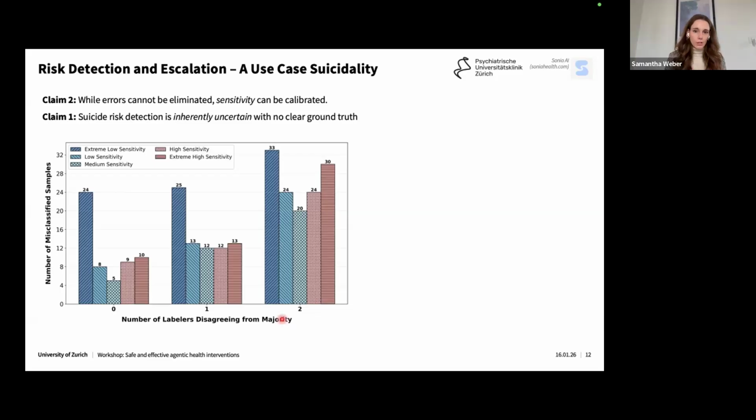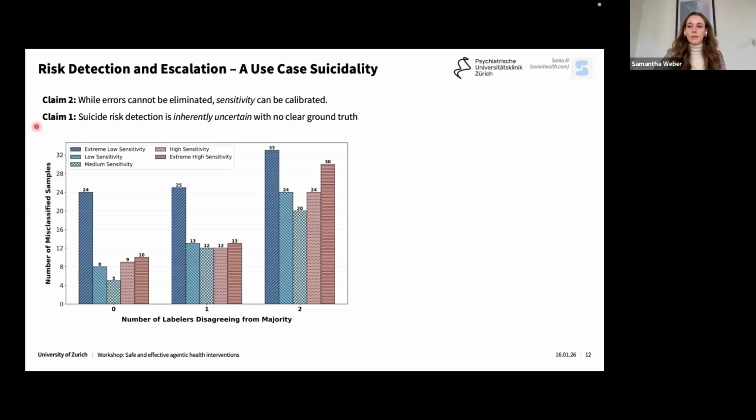Across all the sensitivity configurations, we saw the same pattern: misclassification is concentrated in cases where clinicians themselves disagreed. This suggests that the errors reflect the underlying uncertainty in the task, and it's not a systematic model failure, which supports our two claims.